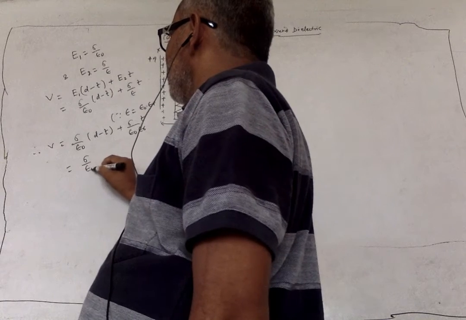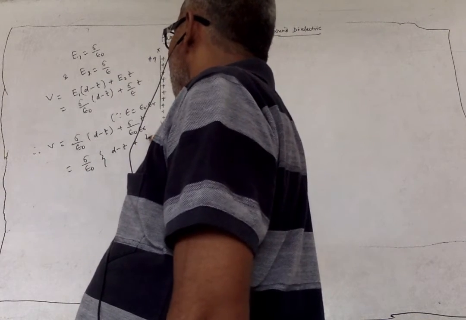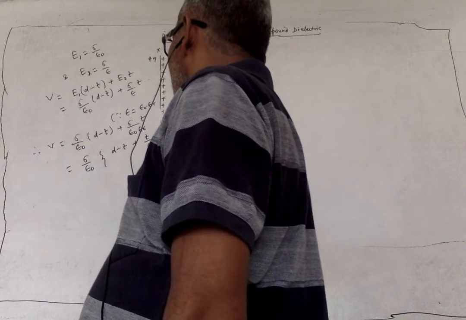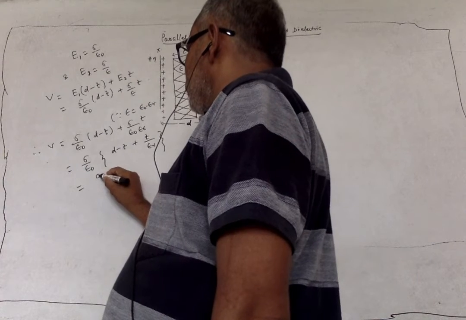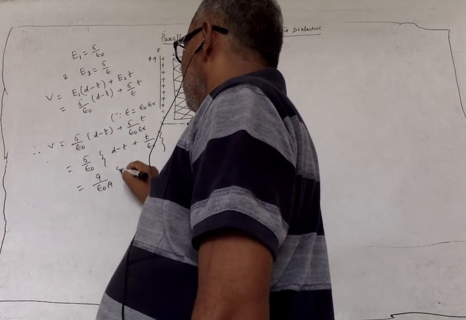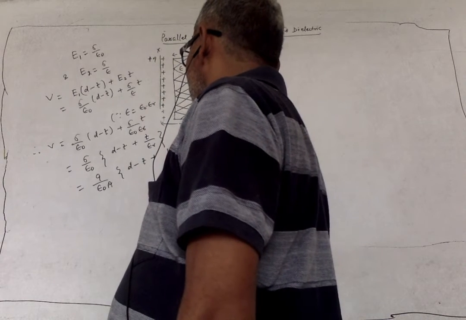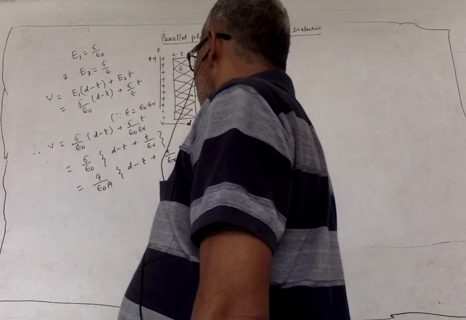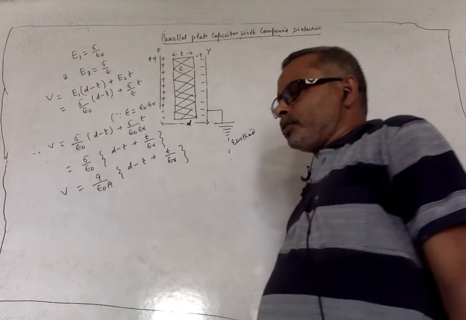Taking sigma by epsilon naught common, V equals sigma by epsilon naught (d minus t plus t by epsilon r). Since sigma equals Q by A, V equals Q by epsilon naught A (d minus t plus t by epsilon r). This is the value of the potential difference between the plates.